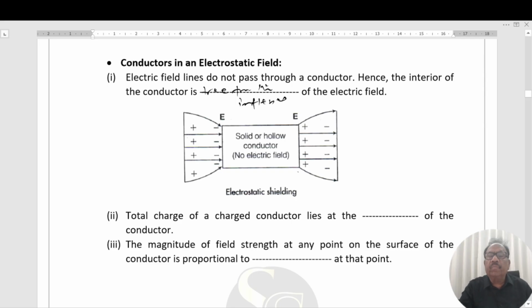The total charge of a charged conductor lies at its outer surface. The magnitude of field strength at any point on the surface of a conductor is proportional to the surface charge density at that point.